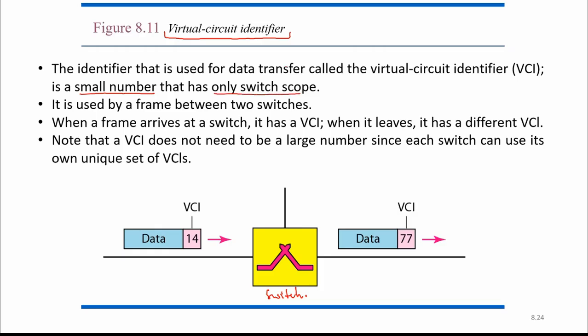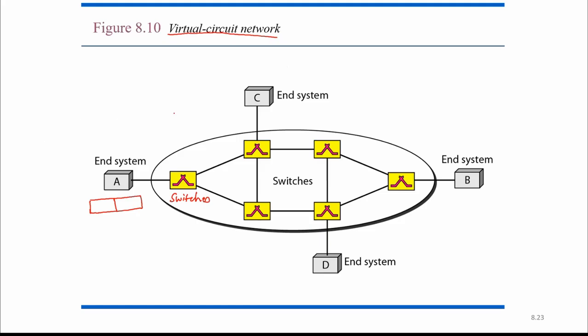Switch scope means, if two switches are there and the virtual circuit identifier is, suppose, 25 along with the data, then once the packet goes from here to here, the VCI will change to, suppose, 20.